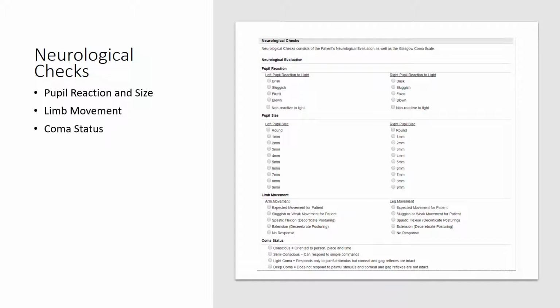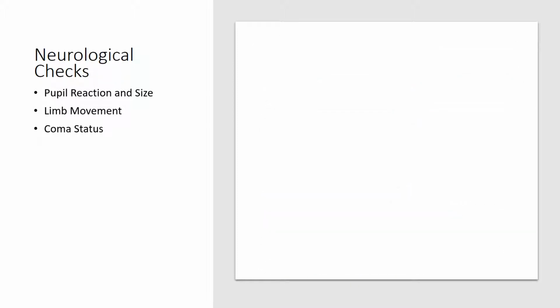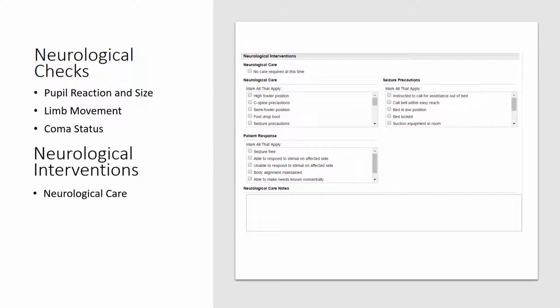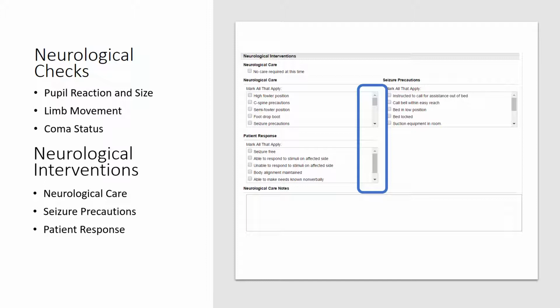If you also clicked Neurological Interventions, which was to the right of Neurological Checks, you can continue to scroll down and see the neurological care provided, seizure precautions, and patient response. Again, this is a click and choose option, and all sections will have a notes section for more detail. Remember these scrolling bars for more options under each section.